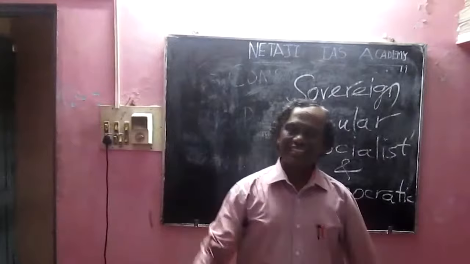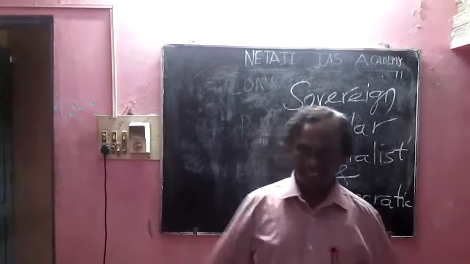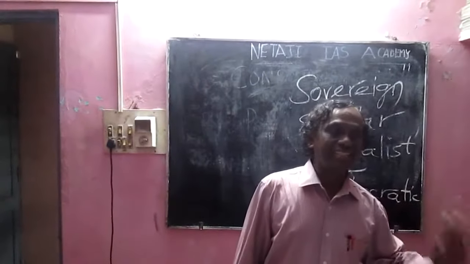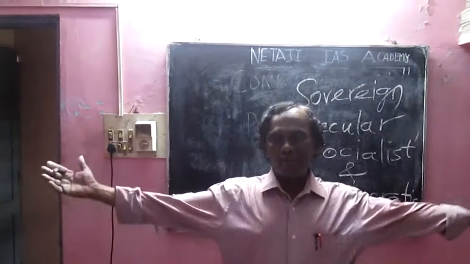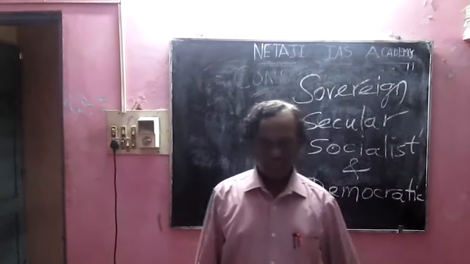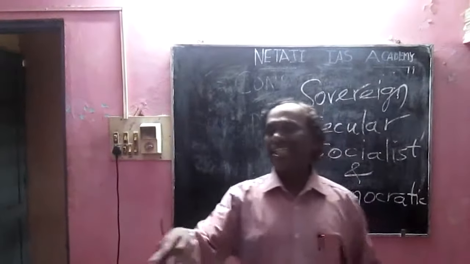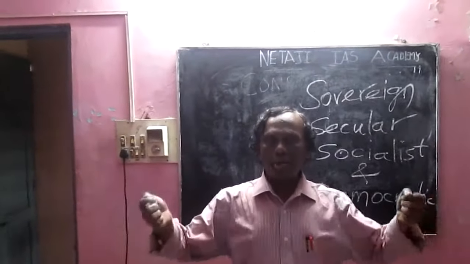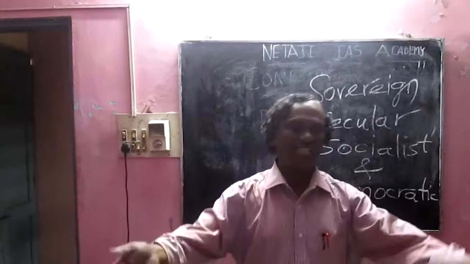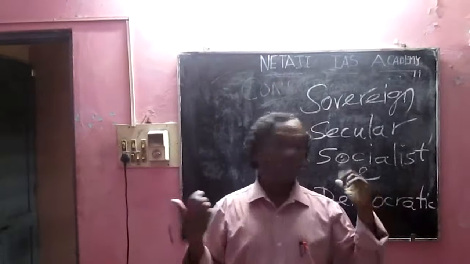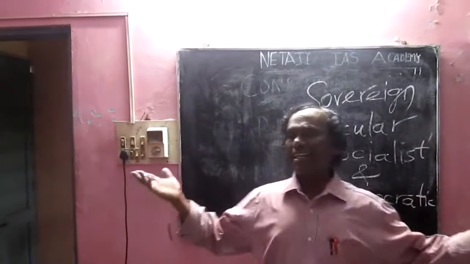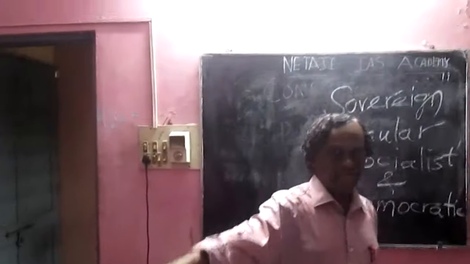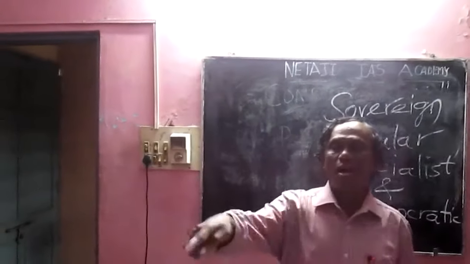Sovereign means independent nation. Secular means no official religion. Socialist means the public sector is dominant in economic activities. Democracy means rule by the people, for the people and of the people.